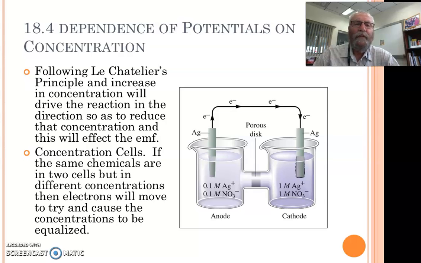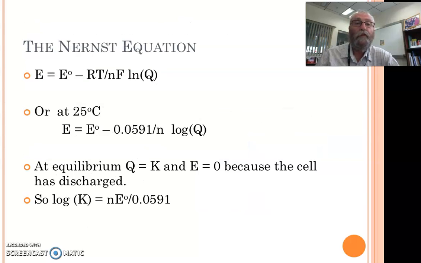Another thing which is less asked about now is the relationship of concentration cells. So what happens if you have two identical chemicals, but in this case one side is at 0.1 molar and one side is at 1 molar? The electrons will move in such a way so that the two cells end up with the same concentration. And this involves the Nernst equation, which is nowadays not asked for in APs.